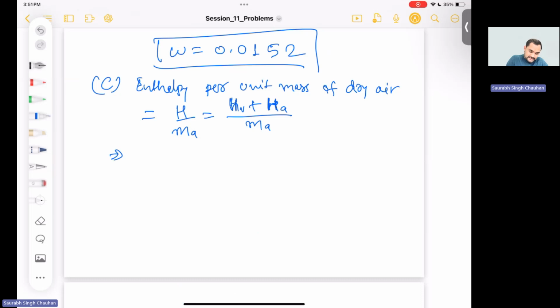So this can be written as HA, that is enthalpy of dry air per unit mass of dry air. So this is specific enthalpy of dry air actually, into omega, that is specific humidity, multiplied by specific enthalpy of water vapor, right?